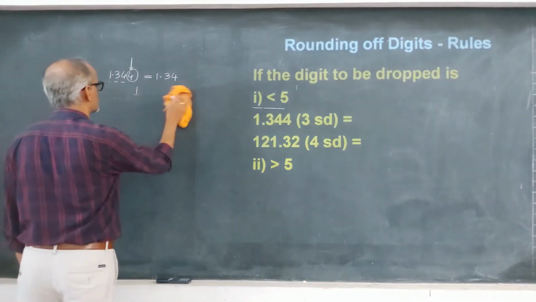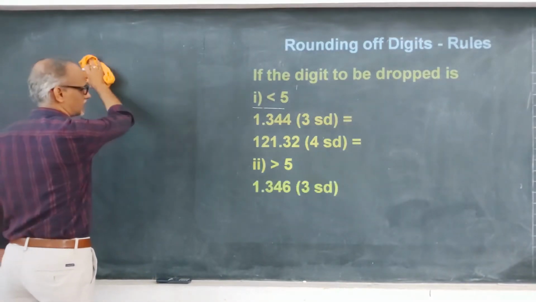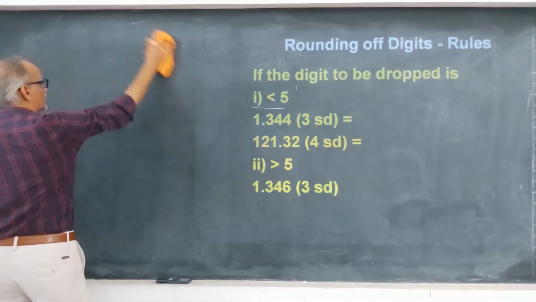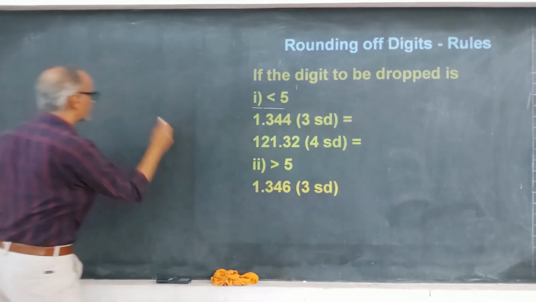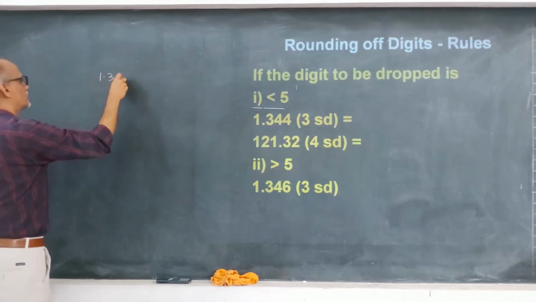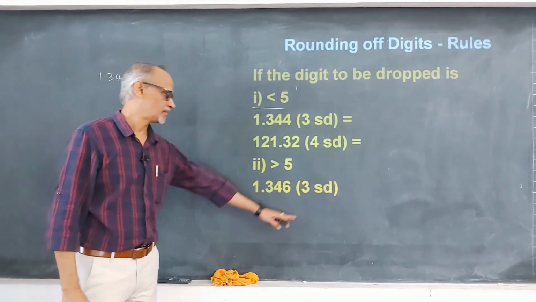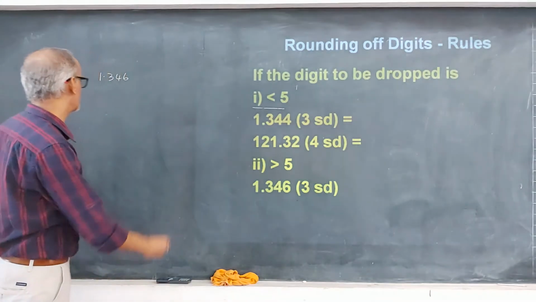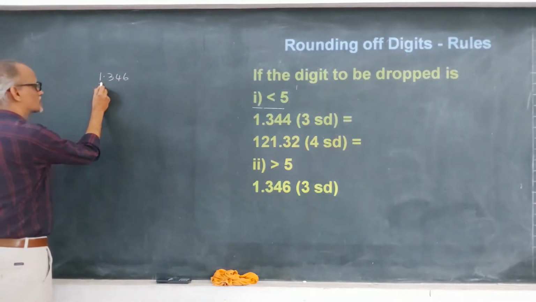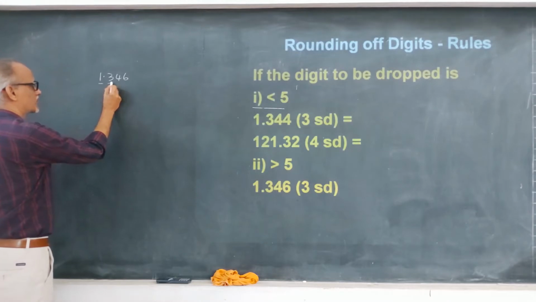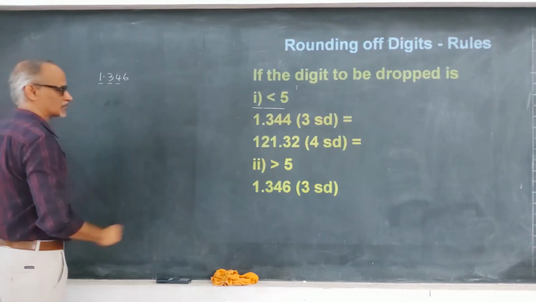Let's see an example for this, then you'll understand. The example given is 1.346. How many digits do we have to retain? 3 significant digits. This is the most significant digit, this is the second, this is the third significant digit according to the rule.